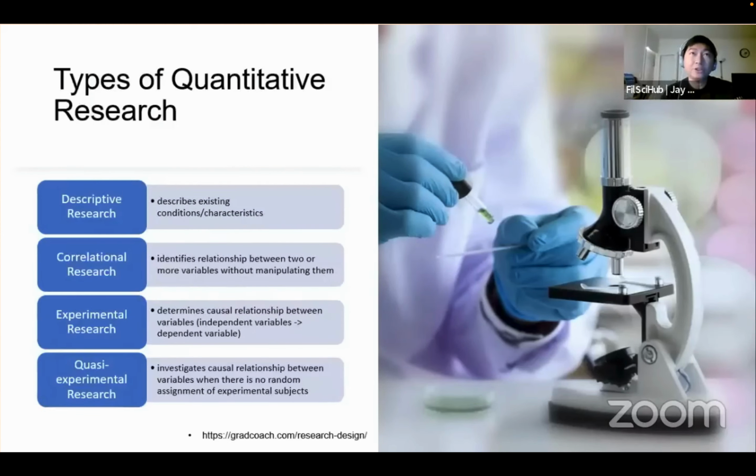Or, for example, if you are trying to test the efficacy of a certain teaching method, you implement that teaching method to different sets of students, let's say from one school to another, and they're already existing, and you did not randomly assign the subjects to those groups. The nature of that research is quasi-experimental because you didn't do randomization on the composition of the groups. They're existing already. Okay?